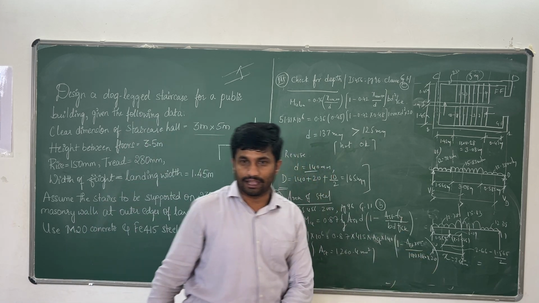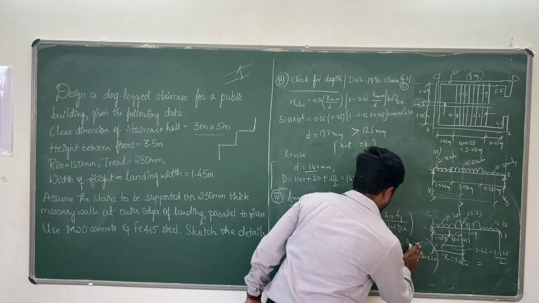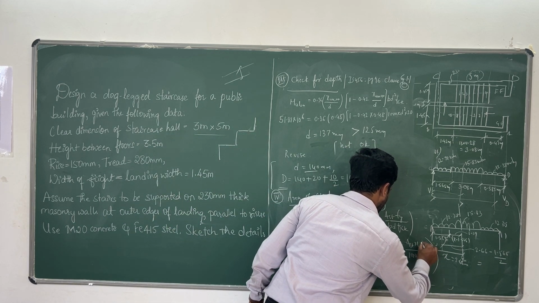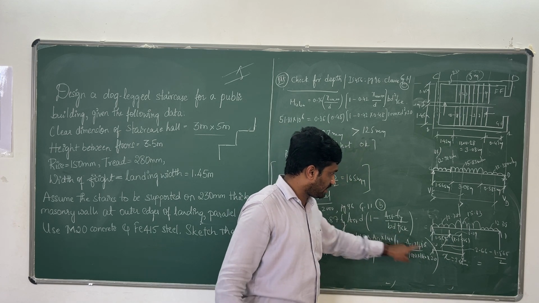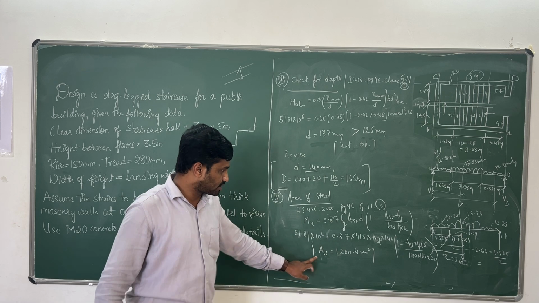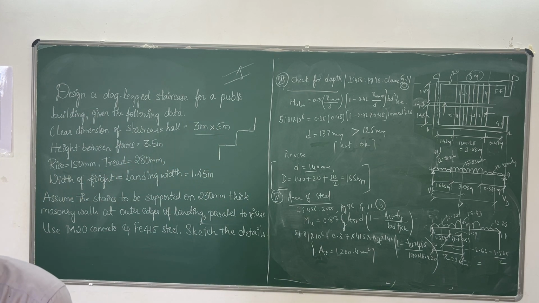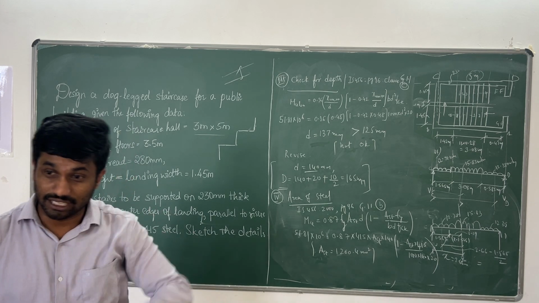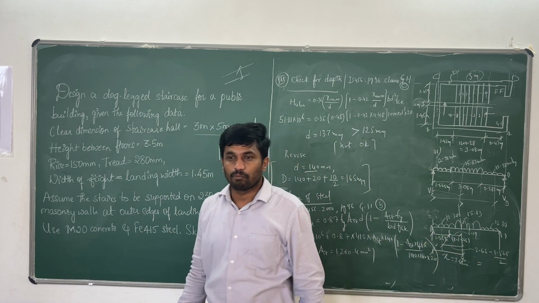Ast, fy is 415. This b we always take as 1000, 1 meter width. Clear? b d, d is 140, fck is 20 grade. Ast is 1260.4 mm square.